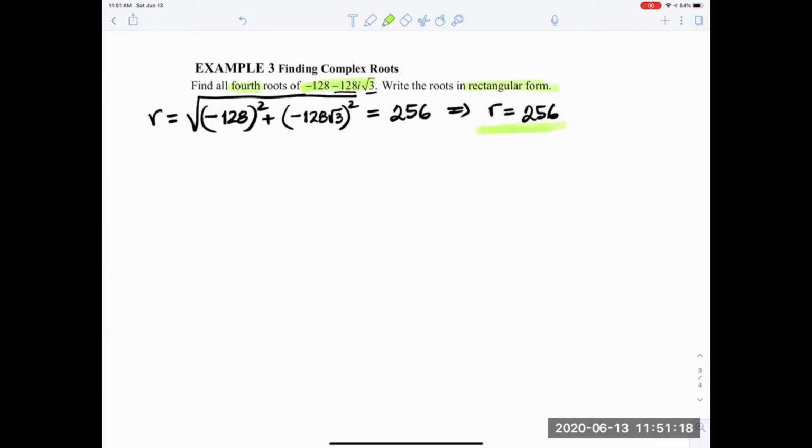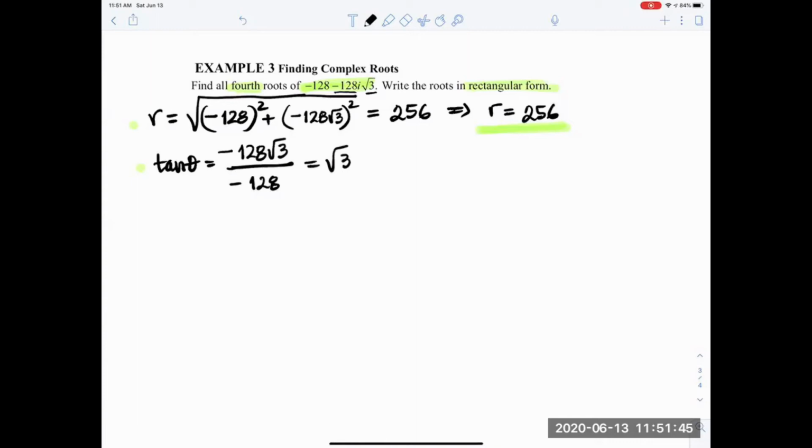We'll keep that in mind. And now we're missing theta. For theta, remember, tangent of theta is the y component over the x component. So in our case, it's -128 root 3 divided by -128 also. So this gives you square root of 3.